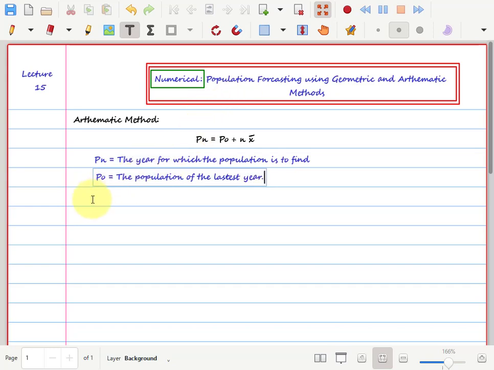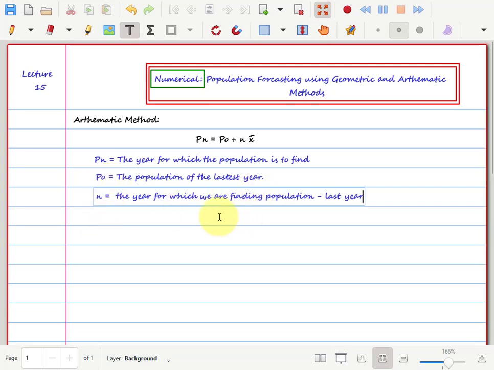And then what is n? n represents the year for which we are finding population minus last year divided by 10. 10 is for a decade, okay, for one decade.